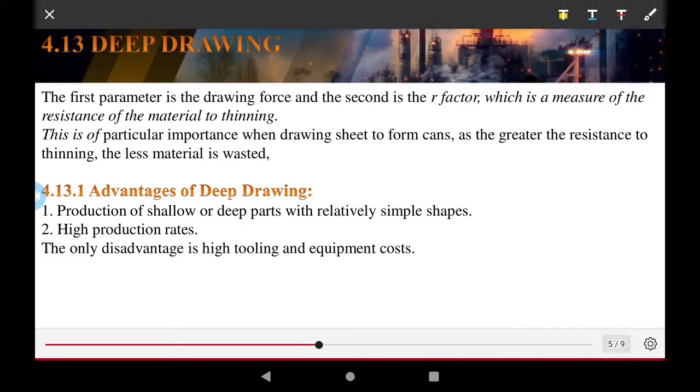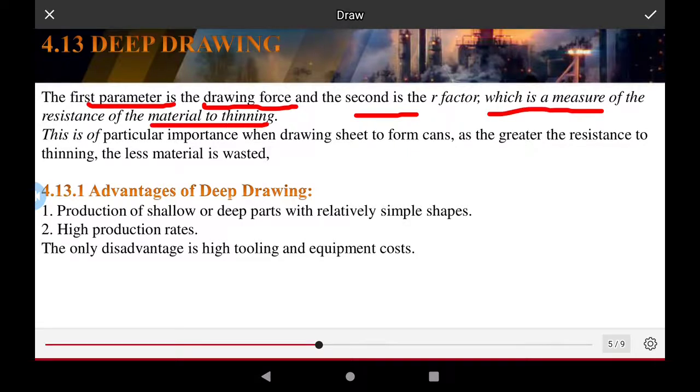In the deep drawing operation, the first parameter is the drawing force, and the R factor, which is the resistance of the material to thinning. This is particularly important in drawing the sheet: the greater the resistance to thinning, the less metal is wasted.